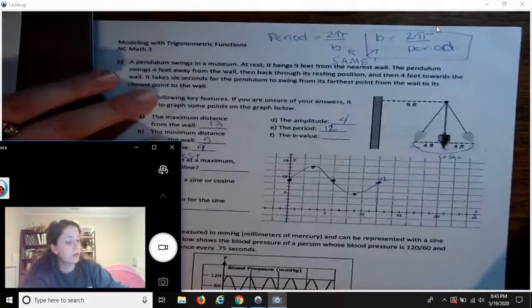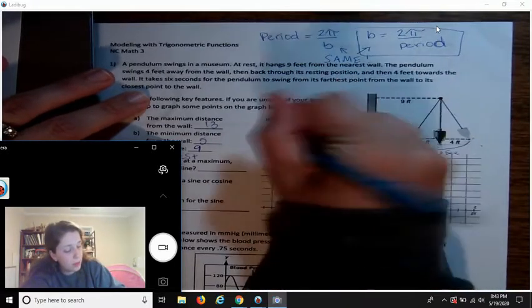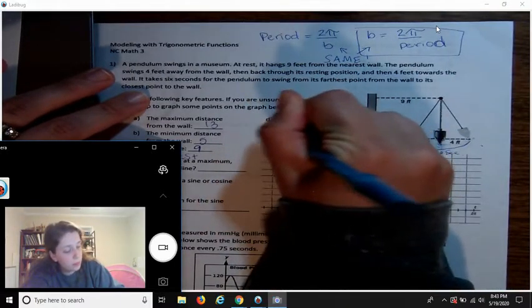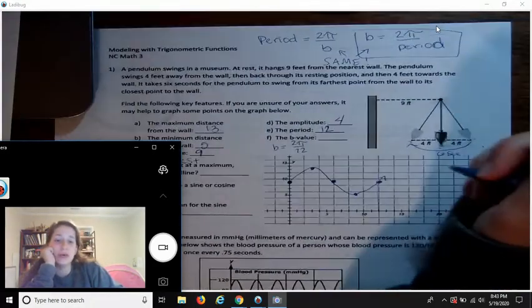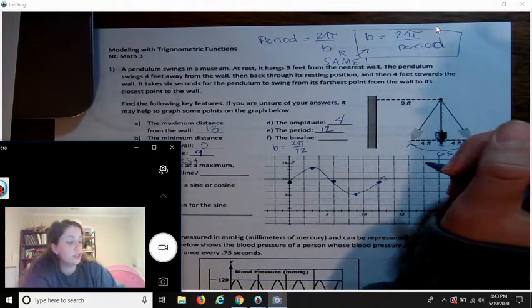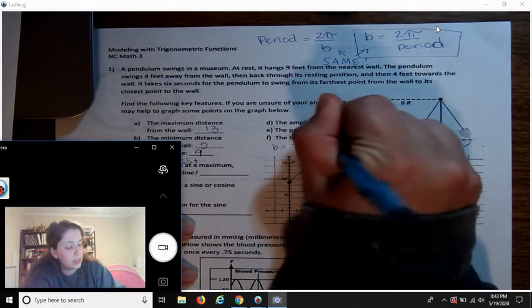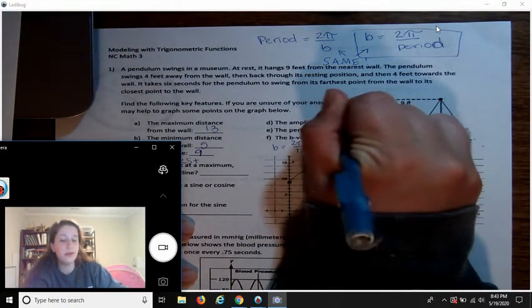So I'm going to go down here. My period we know is 12, and I'm looking for my B value. So I have B equals 2 pi over 12. 2 pi over 12 should reduce to pi over 6. And that would be my B value right here.